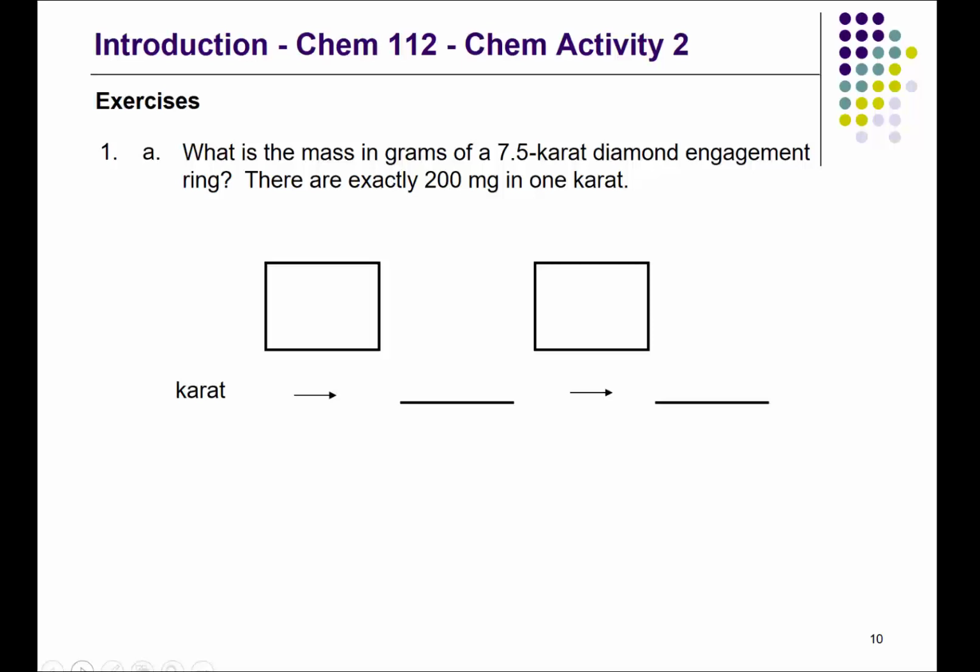Fortunately, carats has an exact definition in relation to milligrams, so we can convert carats to milligrams and then milligrams to grams. This is a two-stage conversion. Because both of these conversions are exact relationships, the significant figures are determined by the given quantity, that is the 7.5, which has two sig figs.